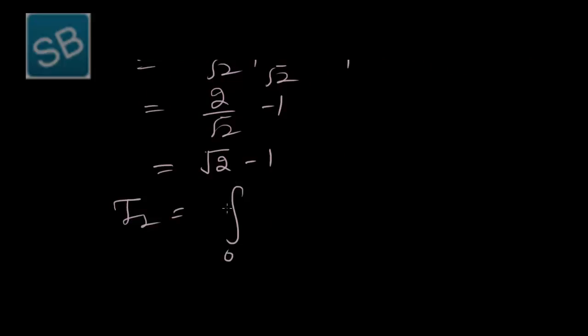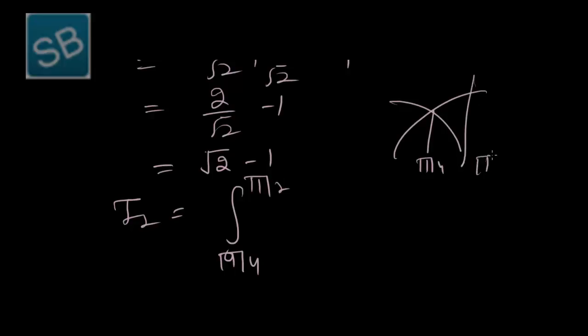So now we have to find the integration I2. We wrote here 0 to pi by 4, just correct it: it is pi by 4 to pi by 2, because our region was this, that is pi by 4 to pi by 2. So make it correct. For I2 it is pi by 4 to pi by 2, and it becomes sin x minus cos x dx.